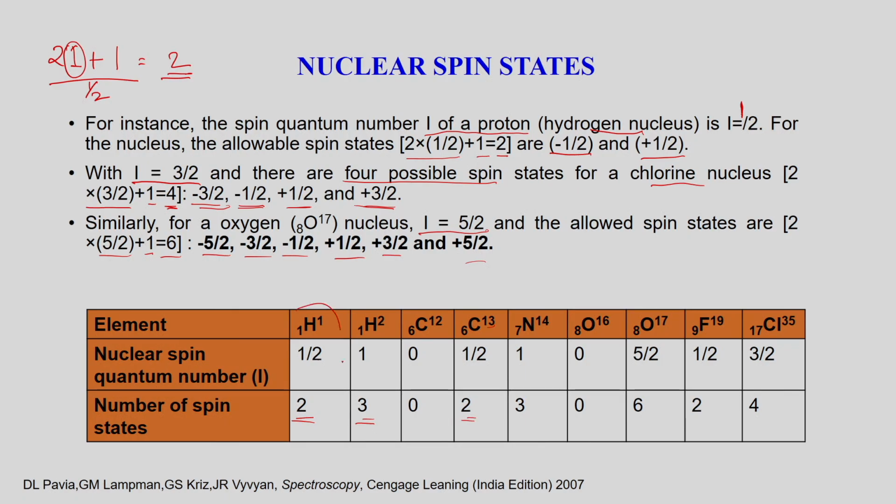So, our lecture focus will be on this H1 and C13 NMR spectra, or this is called the proton NMR spectra and the carbon 13 NMR spectra. Then you have nitrogen, oxygen again will not have any spin states, but the one which is 17 will have spin states, fluorine will have 2 spin states, then chlorine will have 4 spin states. So, these are the different spin states of different nuclei.